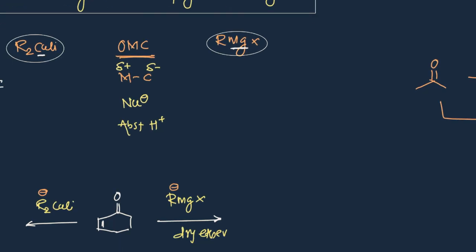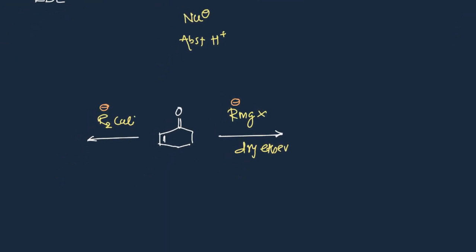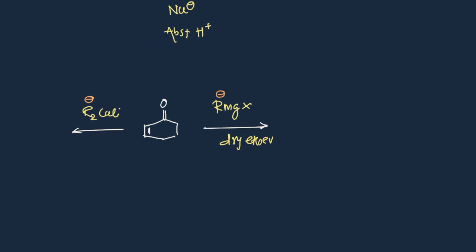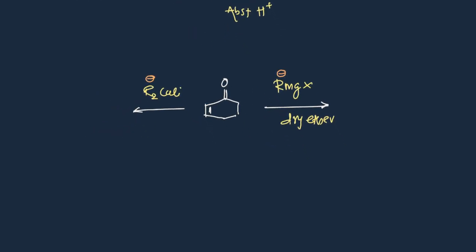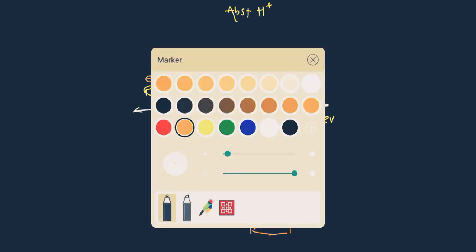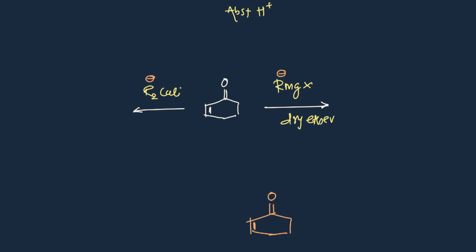But when you use an alpha beta unsaturated carbonyl compound, the reactivity of both reagents is quite different. So how will it be now? You know that in a conjugated carbonyl molecule there are two electrophilic centers. This is one electrophilic center, and this is another electrophilic center.